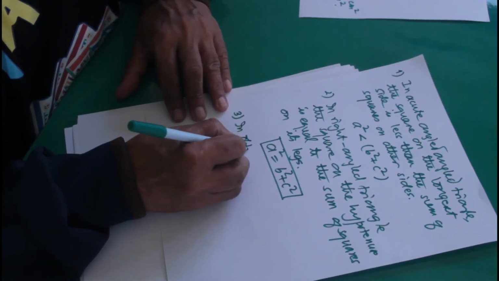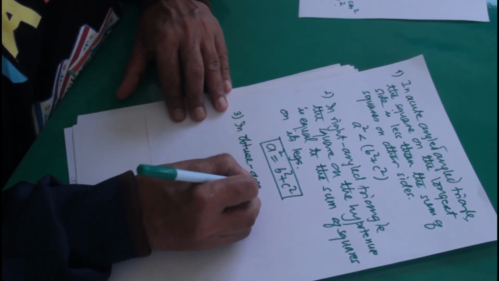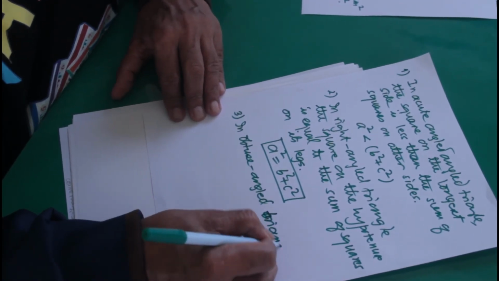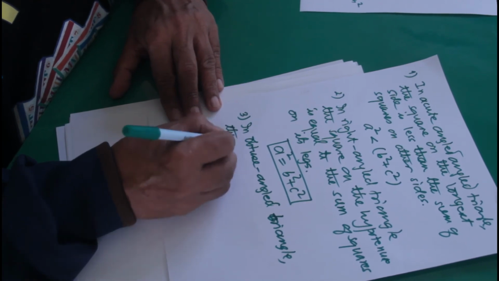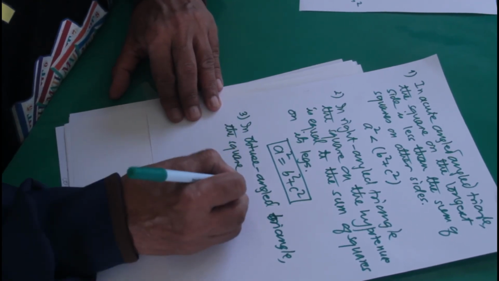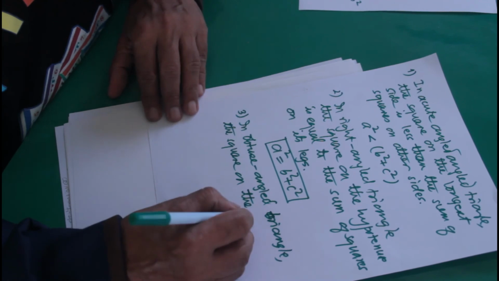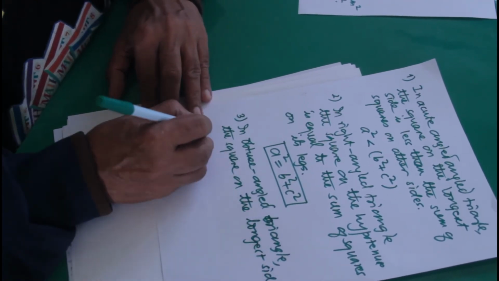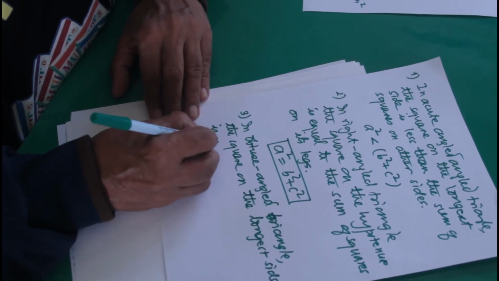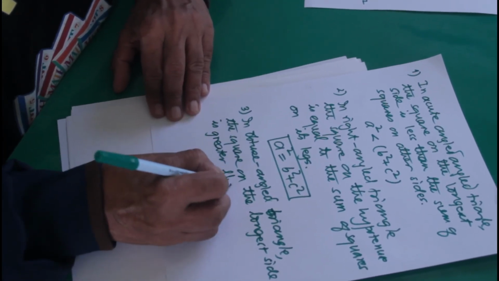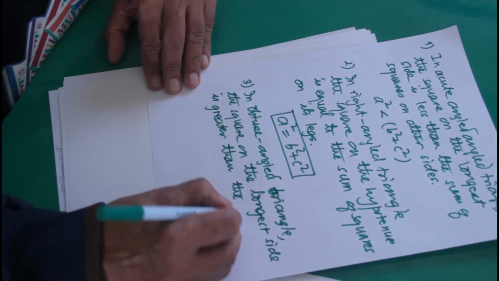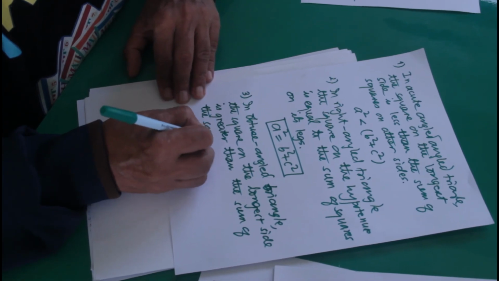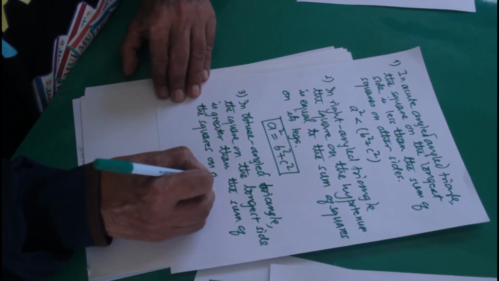In an obtuse angle triangle, the square on the longest side is greater than the sum of the squares on the other sides.